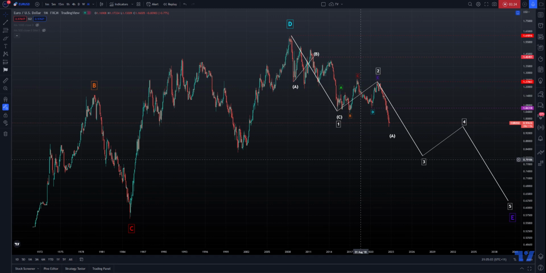So in essence, this move down, yes, it's long, yes, it's painful, but there's a couple of things to consider when looking at this pattern.